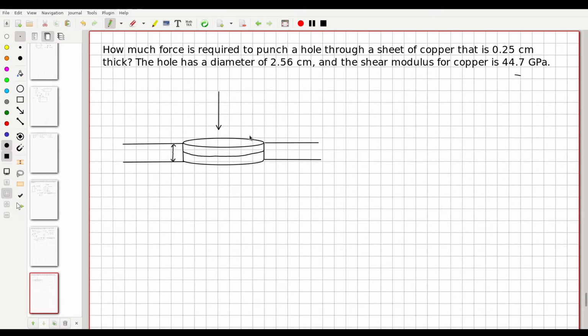Now, the deformation, this is your length. This is L naught. This is what you're pressing along. And this right here is the deformation, delta x. So your area is along the edge of this disc, and here's your force.